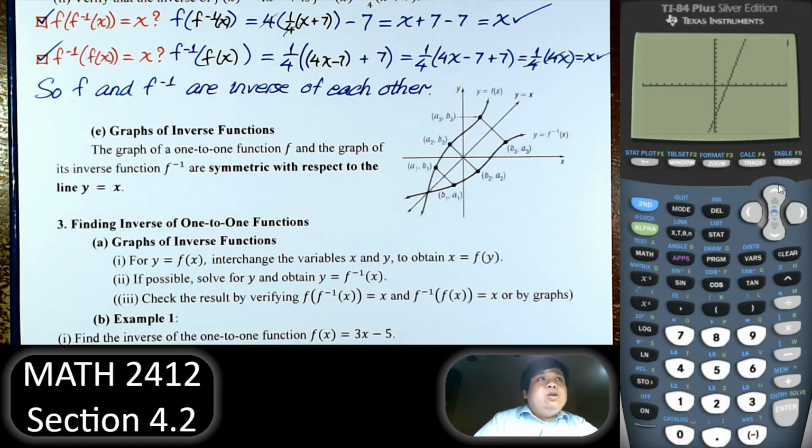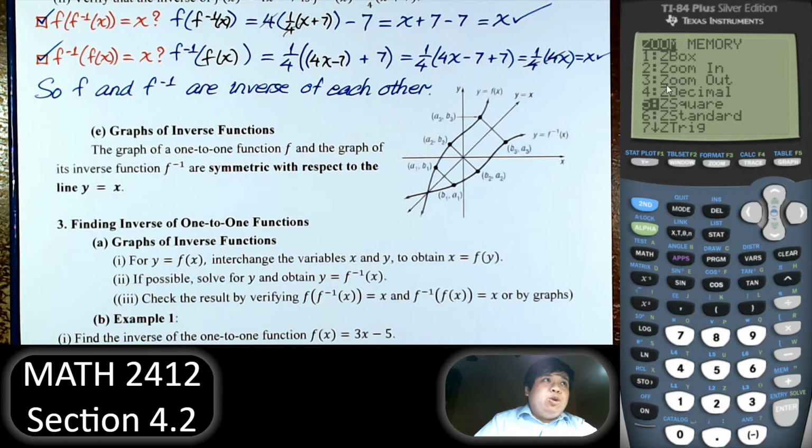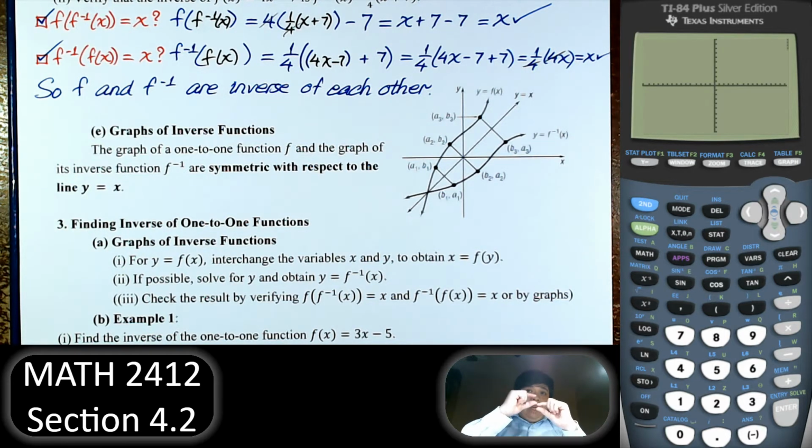Right. So those graphs, if we want them to look like perfect symmetry, I prefer to hit zoom number 5. In that case, the x-axis and the y-axis will have the same increment, the same length for each increment.